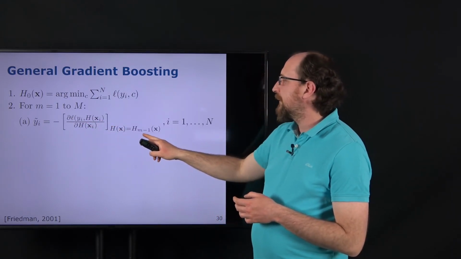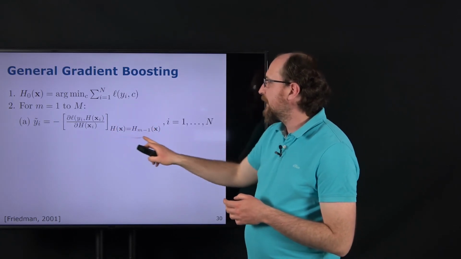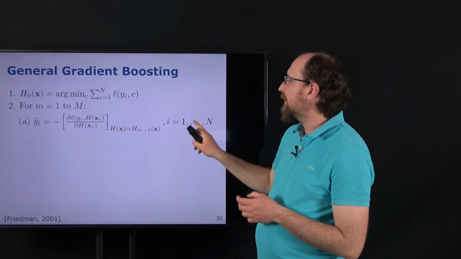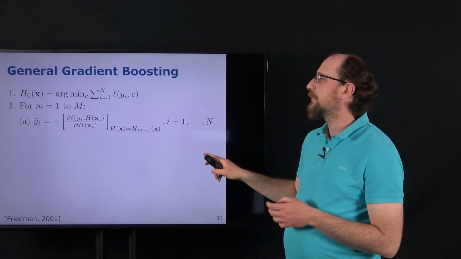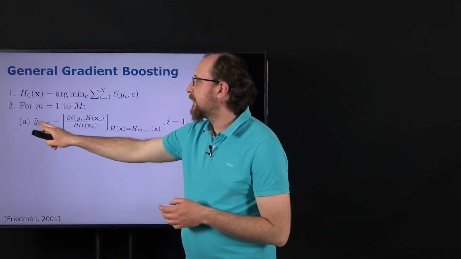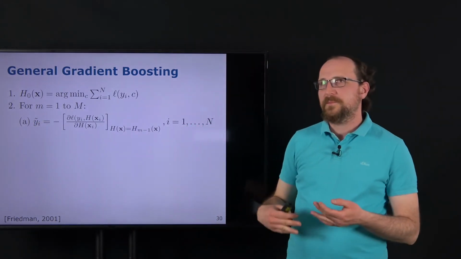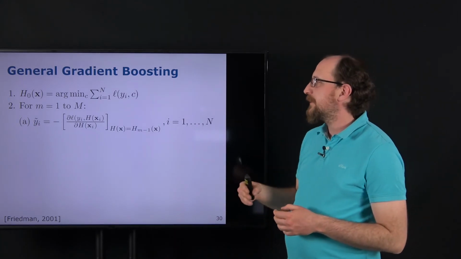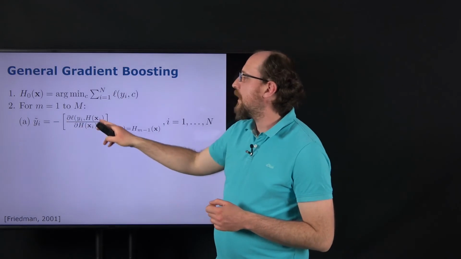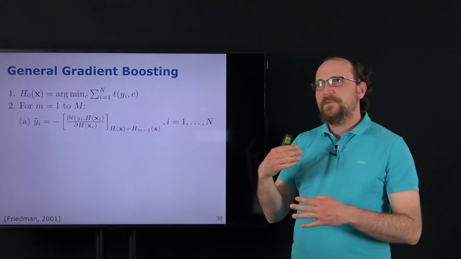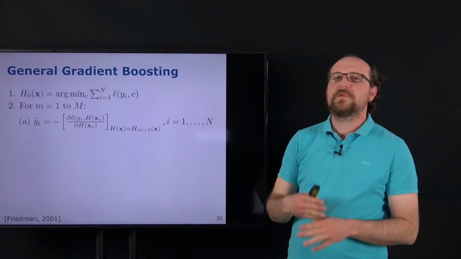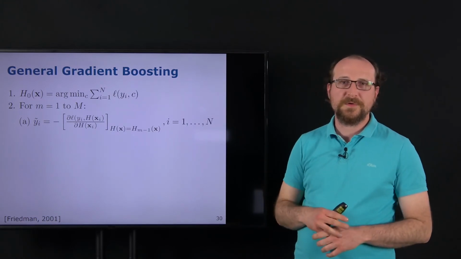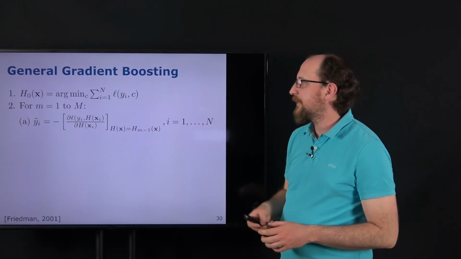We use the last ensemble that we have, and we determine this for all the training points. These are the residuals, but not the difference in the points, rather the residuals with respect to the loss. So in which direction should we go to improve the loss for the specific points? This is captured in this line here.